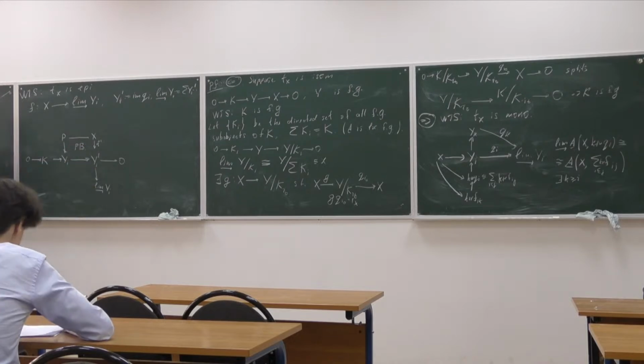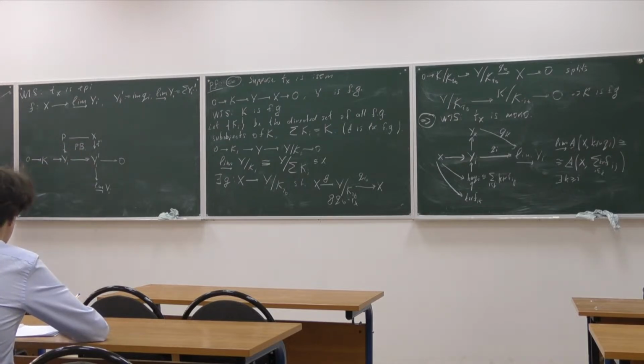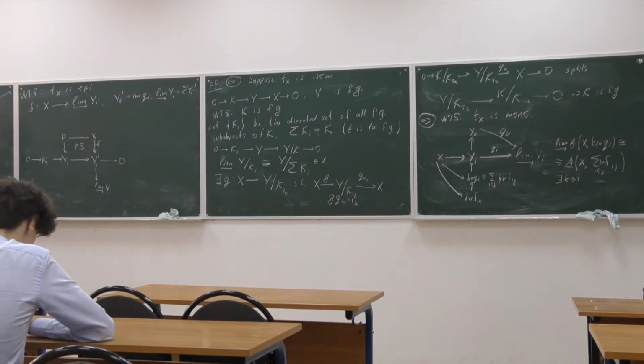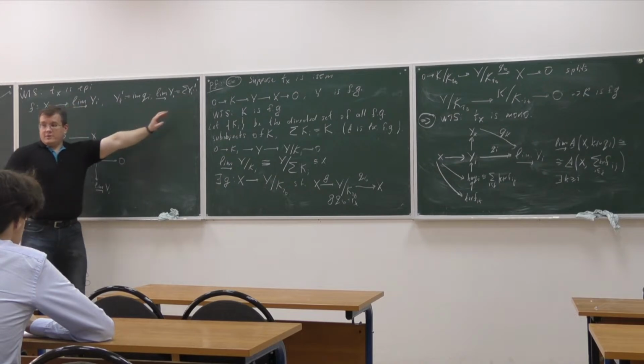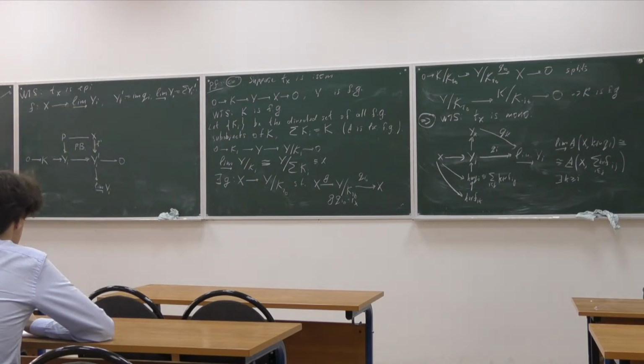Why does this map from x to yi prime, f prime, actually exist? You have this given map from the x to the sum of these objects. You just restrict this to one of the summands, and you get this map. So this whole composition is just the map f.